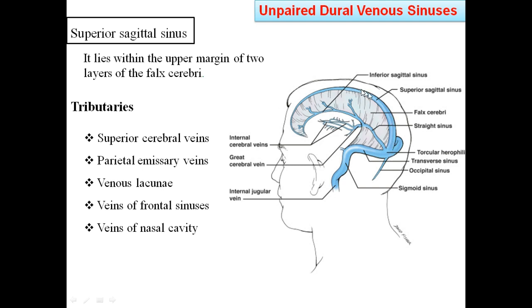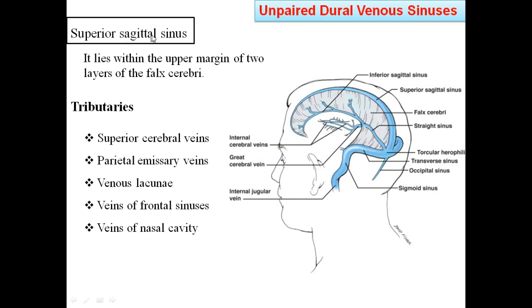Then it drains into the right transverse sinus. This sinus has some tributaries. These are superior cerebral veins, parietal emissary veins, venous lacunae, veins of the frontal sinuses, and veins of the nasal cavity.